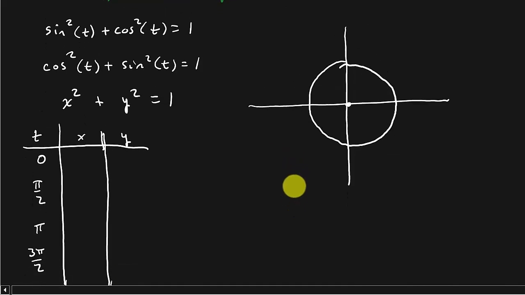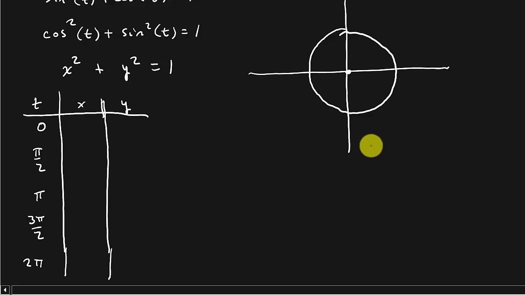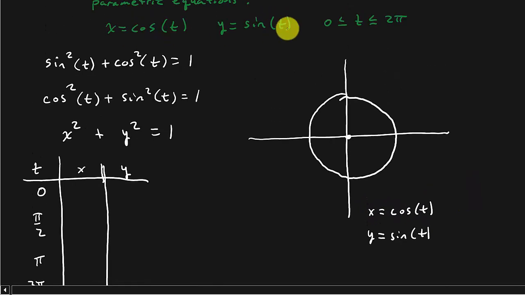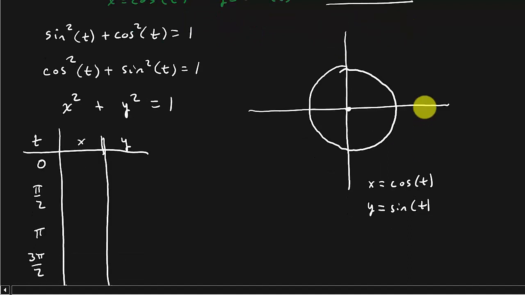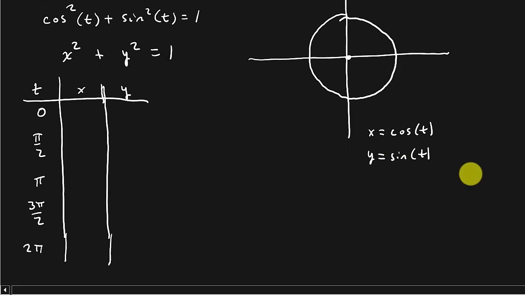Let's write x equals cosine t, y equals sine t. I just recopied the equations. We know we're between 0 and 2 pi, and that's why I stopped at 2 pi here.